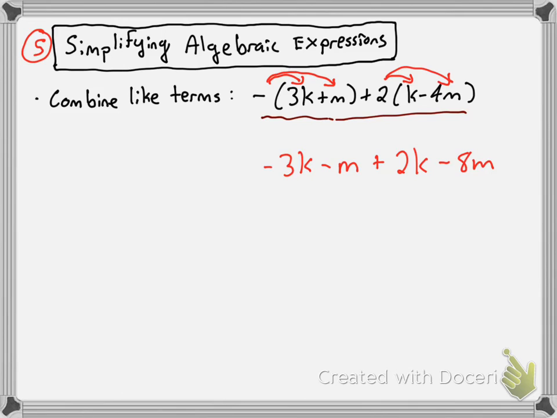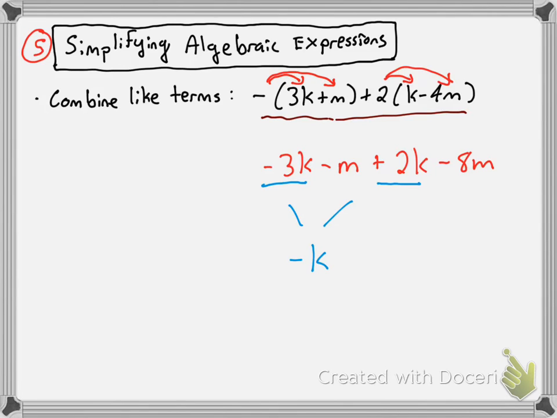From here, everything's out of the parentheses, so I can just combine like terms. In this step, I'm going to combine -3k and +2k. Since it's an expression, I'm not moving anything to another side of an equation. I can just combine these. So -3 combined with +2, I'm going to have -1k, or just -k.